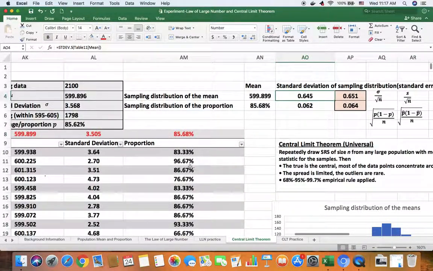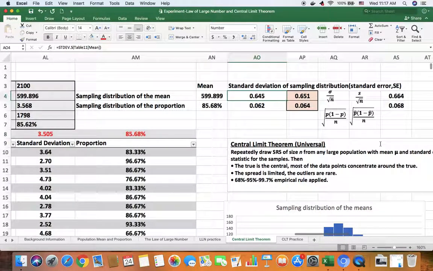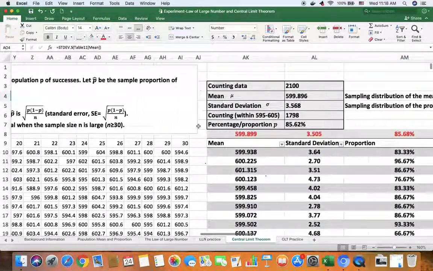Also, if you go to proportion, this column of data, you calculate the mean of this column and the standard deviation of this column of data. You can figure out the relationship of these two values with the population mean, standard deviation, and population proportion. I think you can figure it out and read through this.